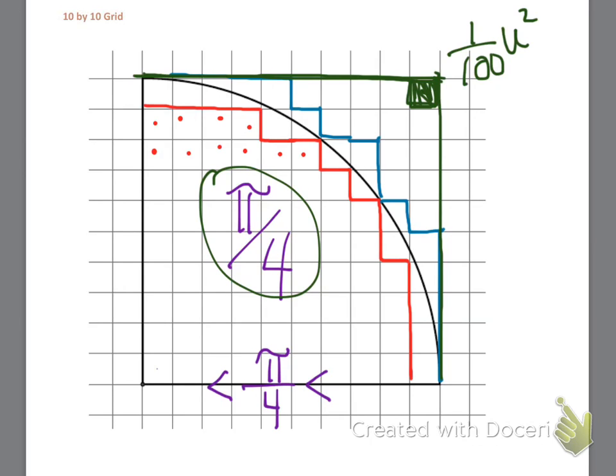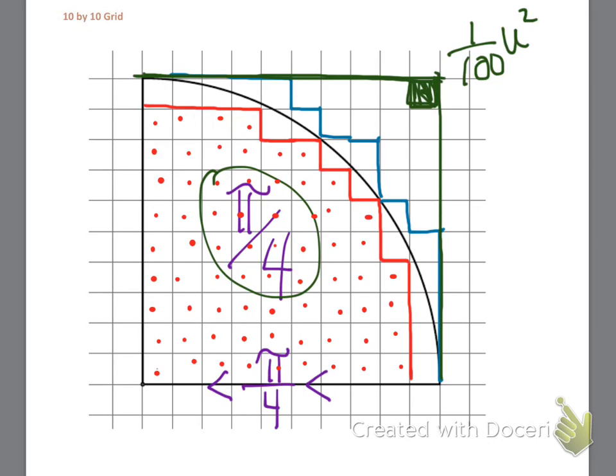And if I keep counting, and you should count on yours too, and you might have gotten slightly different results, that's okay. I'm going to count every one of these. And when I do that, I know that all of these are whole squares. I get 69 for that.